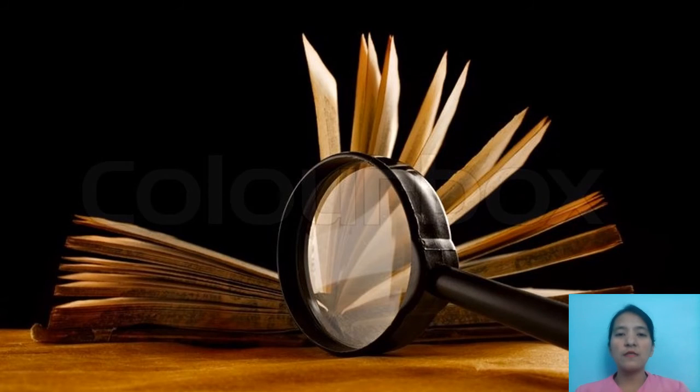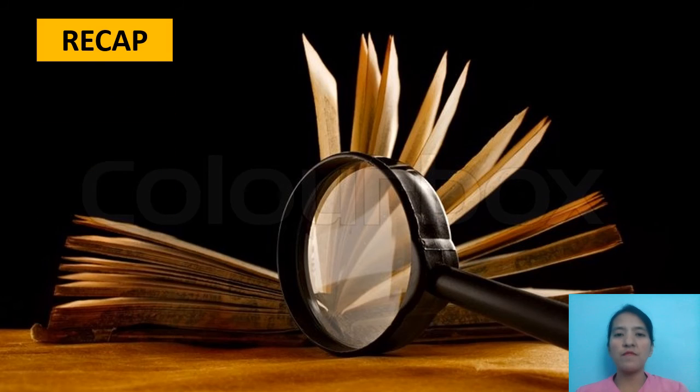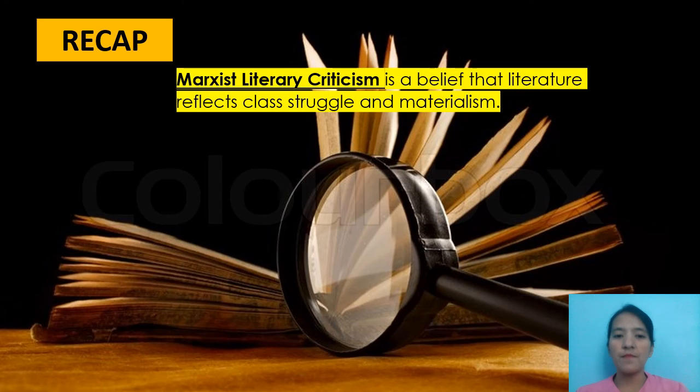We are now done dissecting and critiquing the literary selection using Marxist literary criticism. This time, let's have a recap of what we have discussed. Again, Marxist literary criticism is a belief that literature reflects class struggle and materialism.